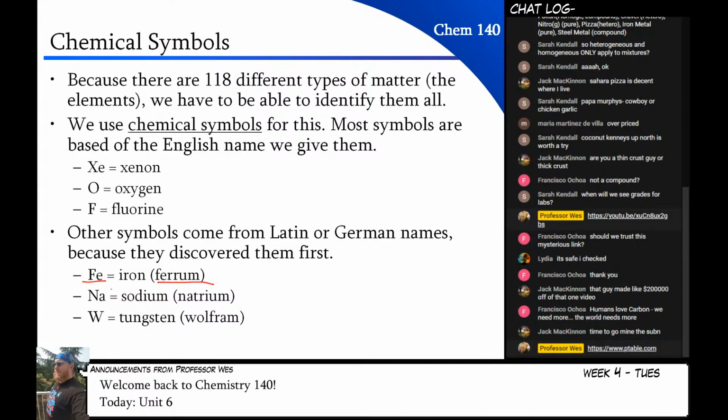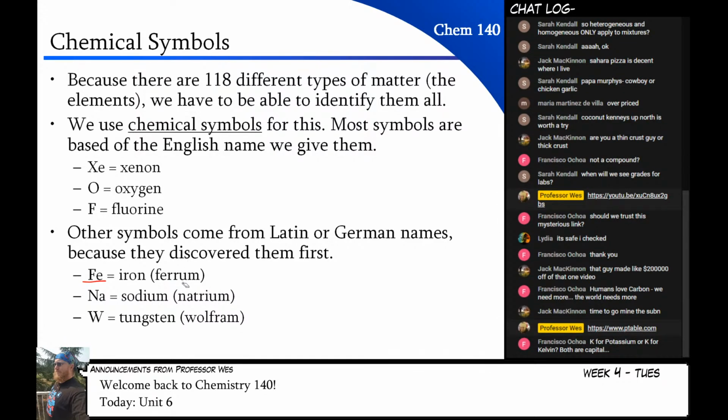And so the word for iron in those languages is probably very similar to ferrum. And so those societies, when devising element names, they probably just decided, okay, that's the symbol we're going to go with. And the rest of the world was like, yep, there we go.